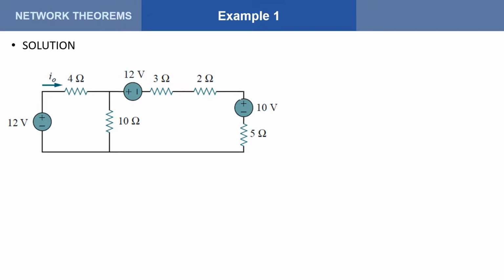So we brought down the number of loops from 4, and now it's just 2 loops. Notice that we did not touch this portion, so it's a voltage source in series with a resistance, because this will affect our parameter I sub naught.